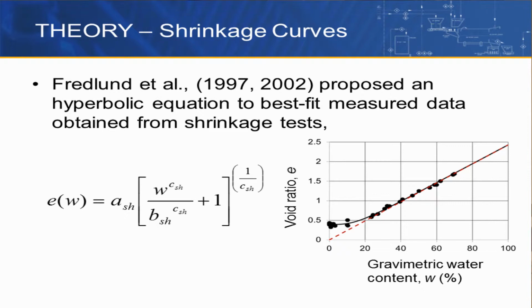It is an empirical mathematical equation that describes the relationship between void ratio and gravimetric water content. This equation has three fitting parameters, and it works well to best fit the shrinkage test.